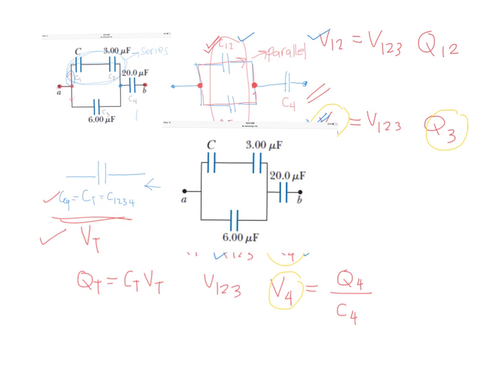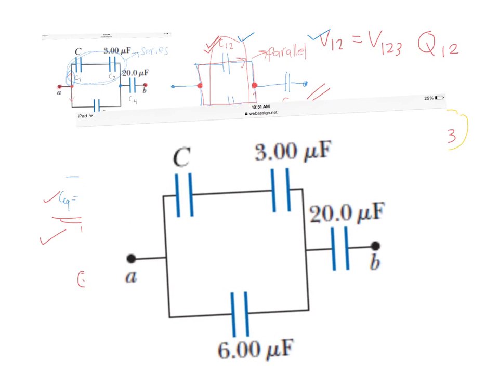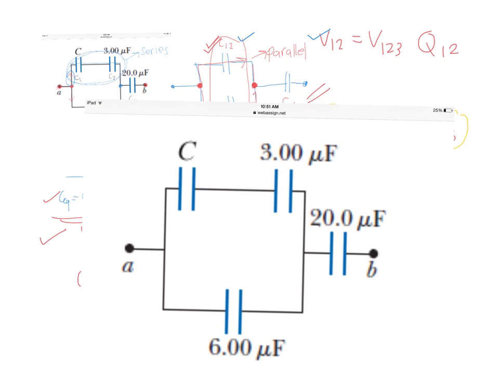Moving on, recall that C1 and C2 are actually connected in series. So I'm talking about these capacitors. So we have C1 and C2. So again, C1 and C2 are actually connected in series.